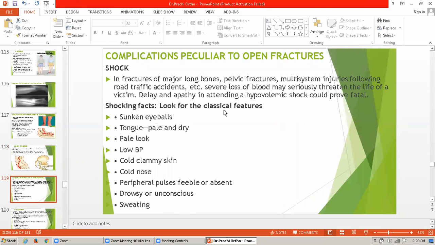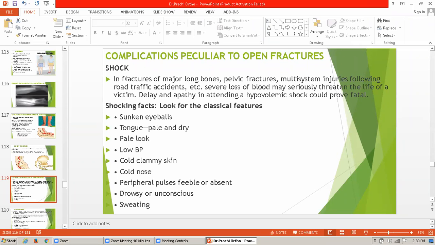Then complications peculiar to the open fractures. First one is shock.